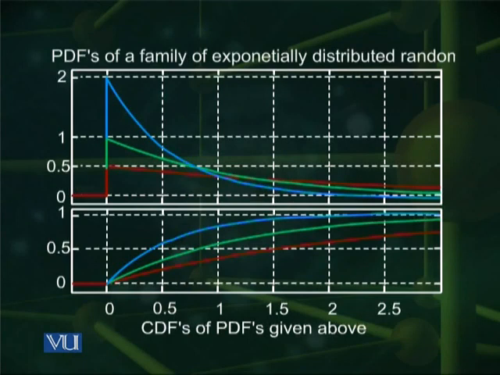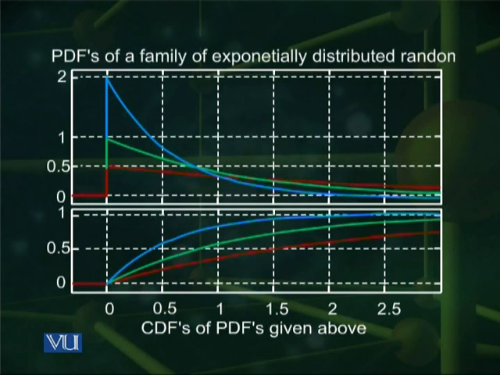The PDF for the random variable with lambda equal to 0.5 is shown in red, so is the CDF, and the PDF and CDF of that exponentially distributed random variable which has a lambda value of 1 is shown in green, and PDF and CDF of exponentially distributed random variable with lambda equal to 2 is shown in blue.